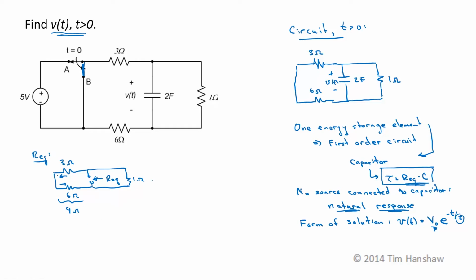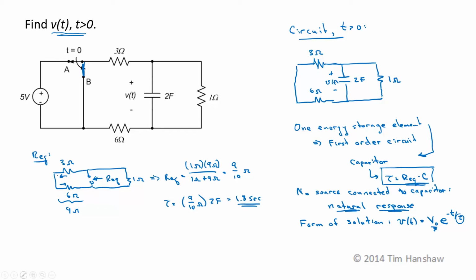Then that's going to be in parallel with this one, so REQ is going to be the product of the two, 1 ohm times 9 ohms over 1 ohm plus 9 ohms. So this is 9 over 10 ohms. So tau is going to be 9 over 10 ohms times 2 farads, which is 1.8 seconds.